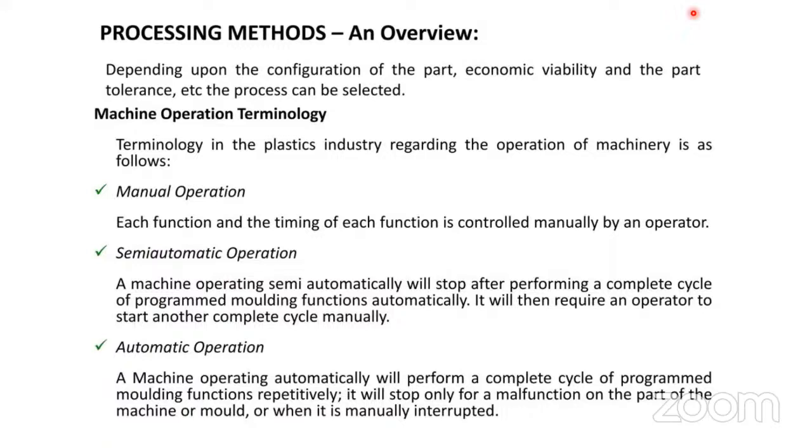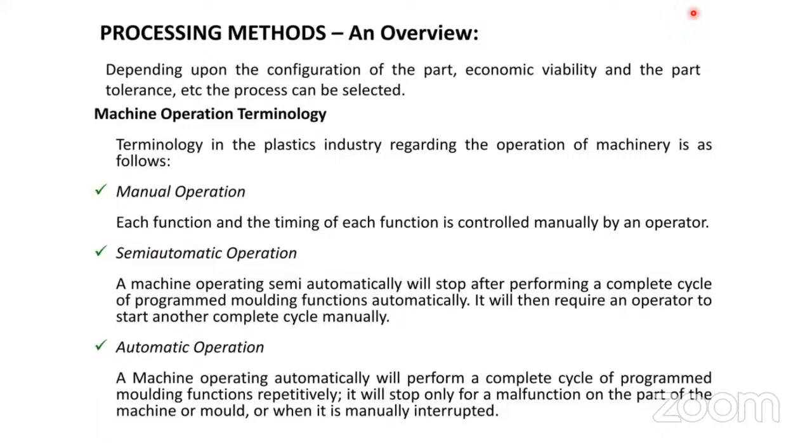Those working on injection molding machines know that in a semi-automatic machine, we only have to open the gate, the article will fall. Take the article, close the gate, finish. The next cycle will start.